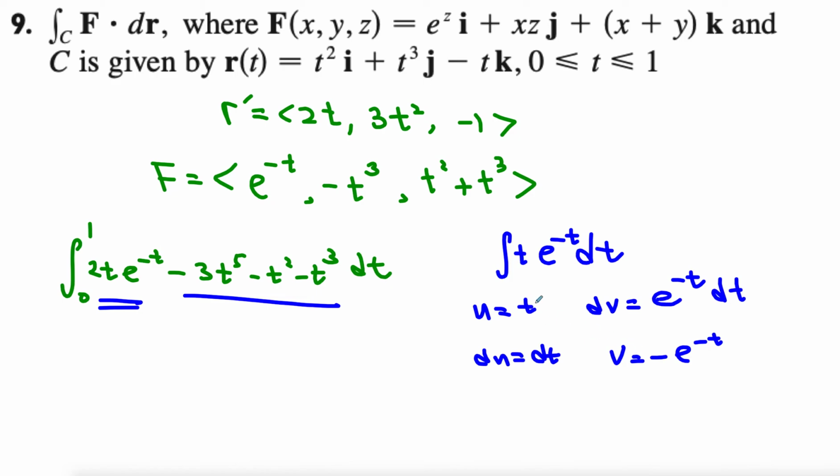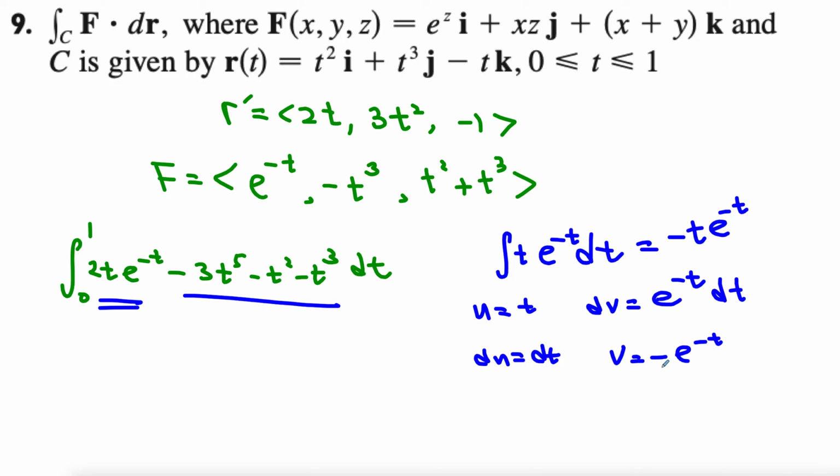So when we integrate, the antiderivative of this one becomes, I have to multiply those two things together, negative t e to the negative t, and then the integration of this one.